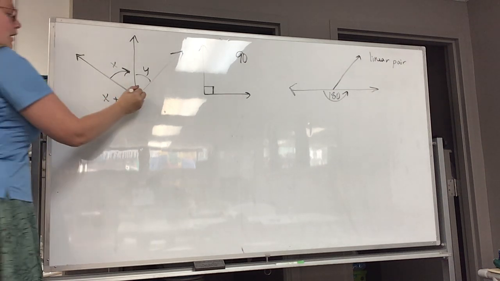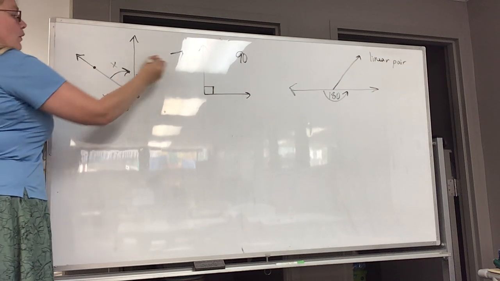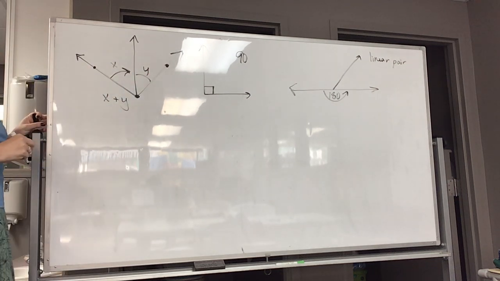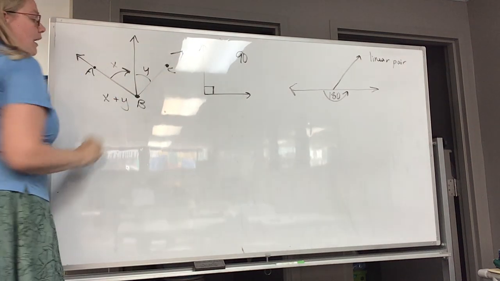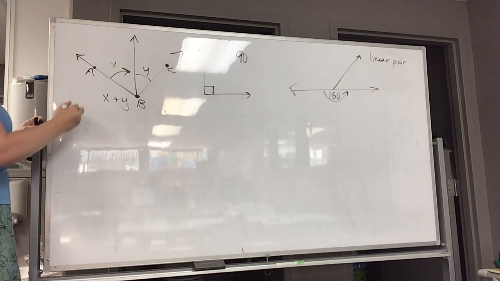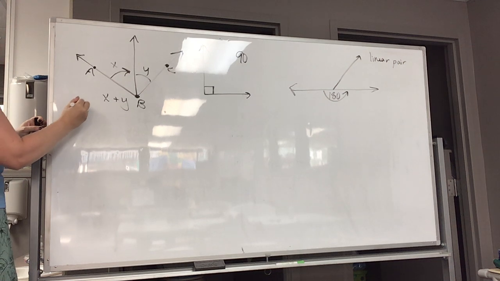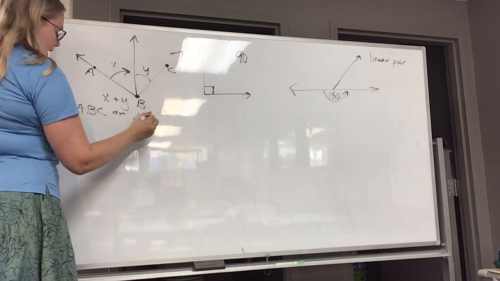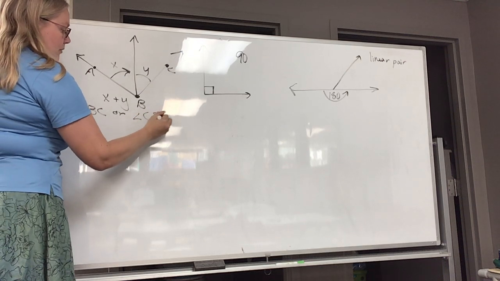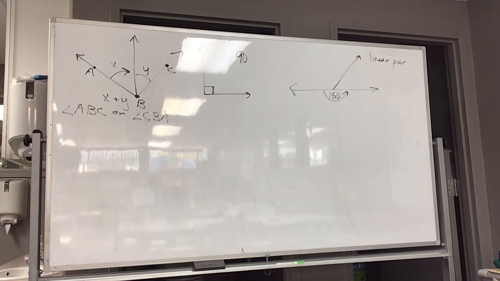Also, for naming angles, they're going to use the points, and so A, B, and C. This could be angle ABC or angle CBA. Order isn't particular.